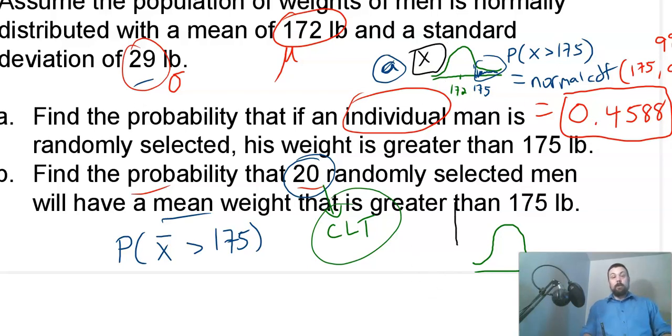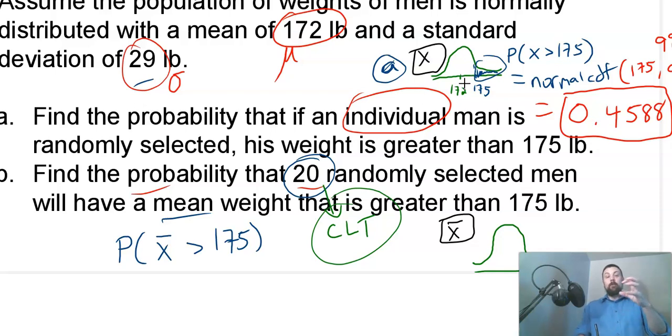The one down here is the distribution of the sample means of all possible samples of size 20 from the population of the weights of men. Even though the pictures look the same, the numbers I'm using to form this distribution are different from the numbers forming that one.